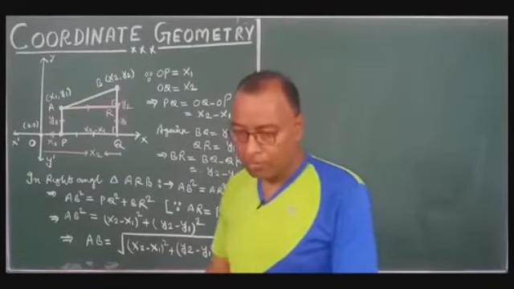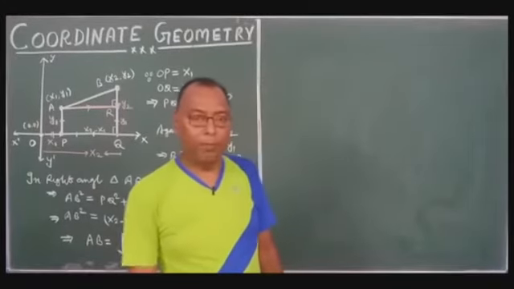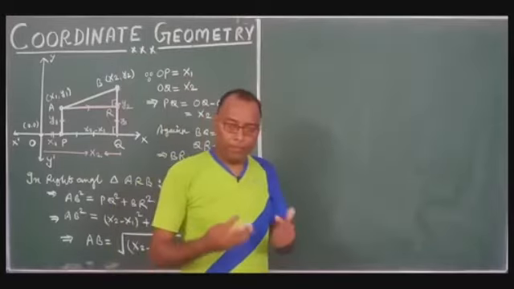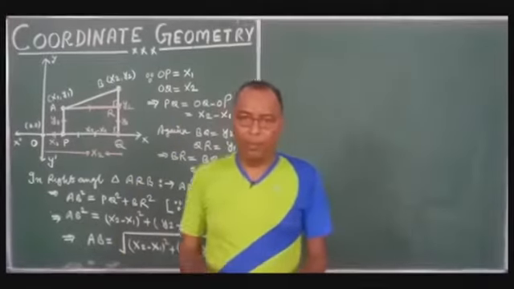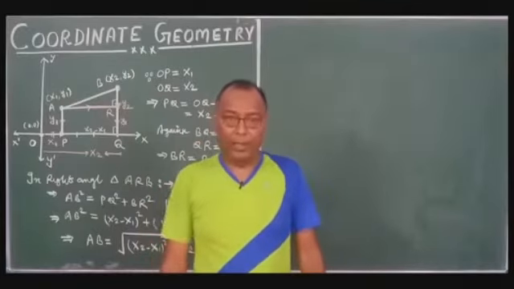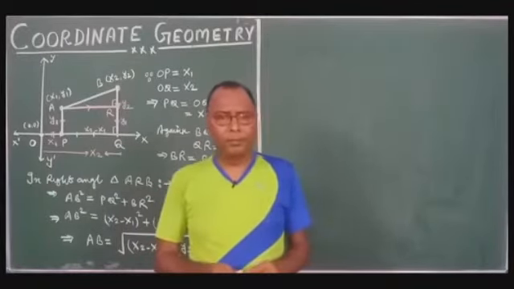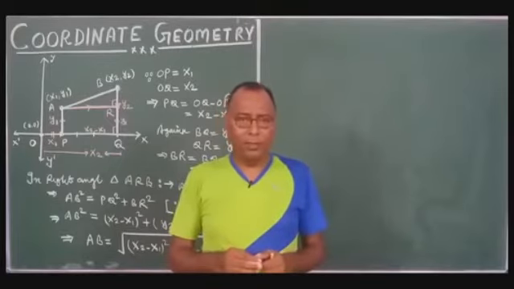Now just look here. Suppose we have 3 points A, B and C. Those 3 points either will be in a straight line or will not be in a straight line. If those 3 points are in a straight line, then the points will be collinear, otherwise they will be non-collinear.